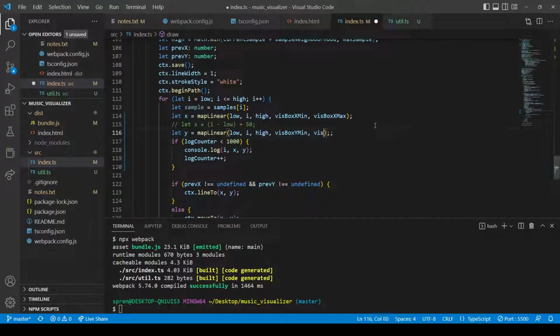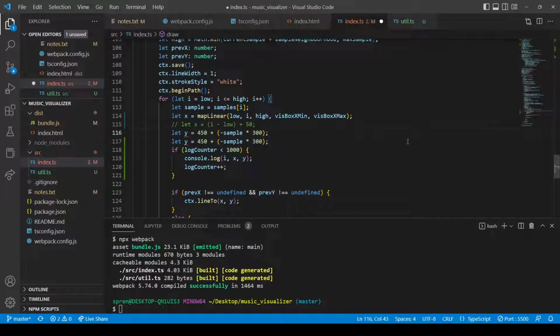Well, wait, hold on. It's not. It's the sample thing that we're mapping. Okay. Right. And the sample can be -1 to 1.